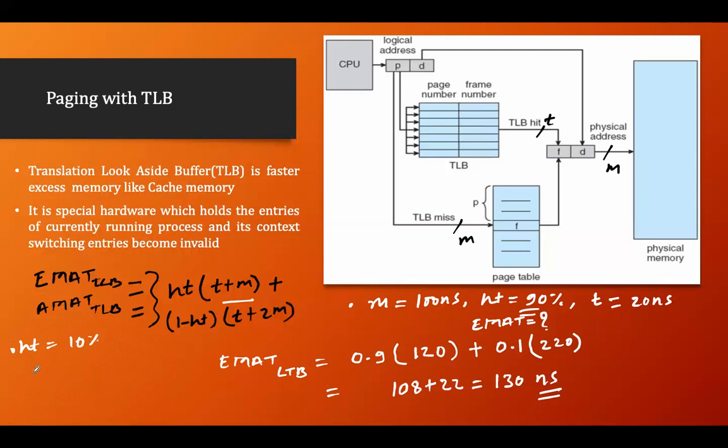Then what will happen? If the hit ratio is 10%, then the effective memory access time will be calculated as 0.1 of 120 plus 0.9 of 220.